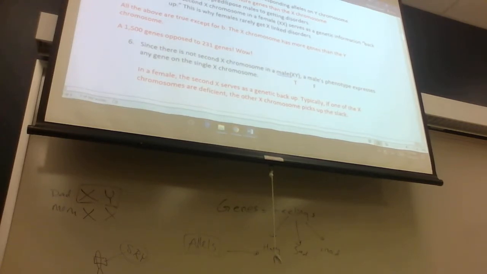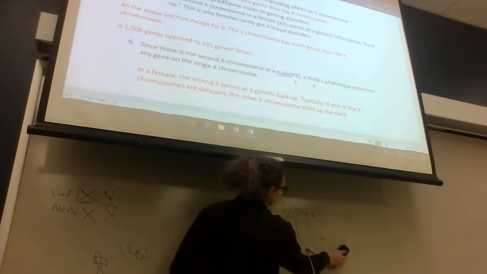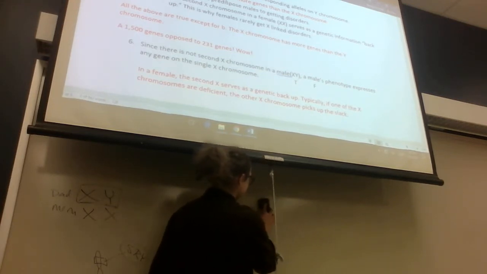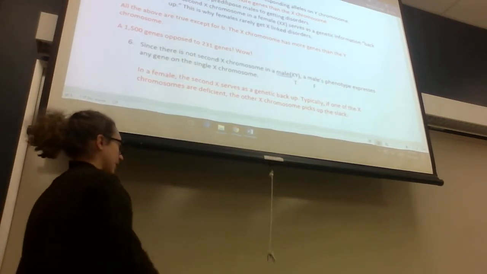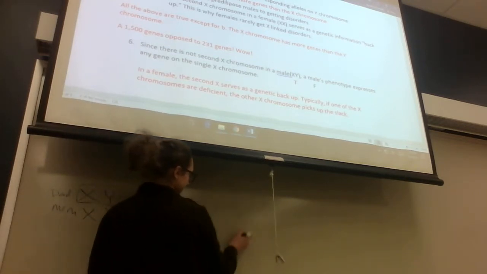What is false of X-linked traits? Some X-linked traits could be like color blindness. Typically males express X-linked traits more than females do. So you have an X chromosome, this is our female.